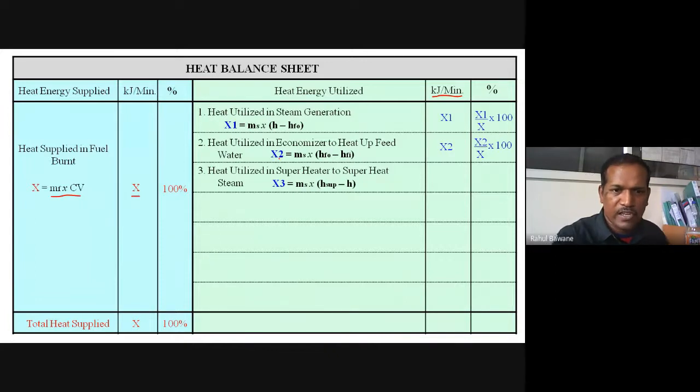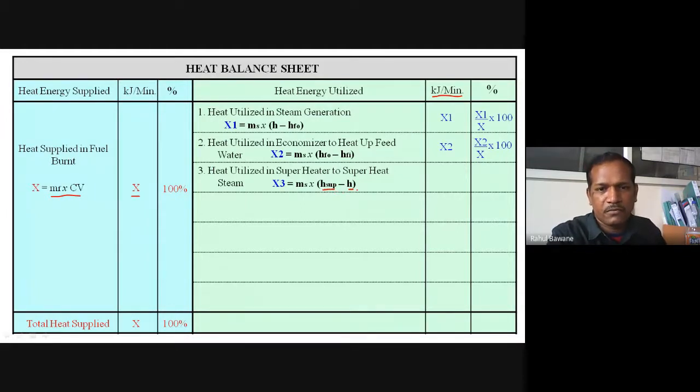So mass of steam generation multiplied by enthalpy change in the superheater. Before the superheater our steam has enthalpy H. After the superheater our steam becomes superheated with enthalpy H super.